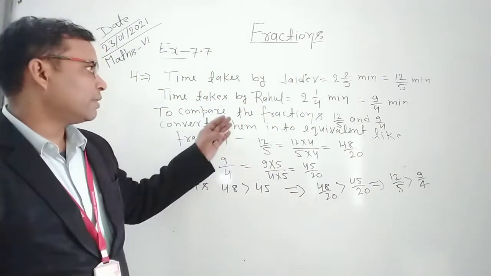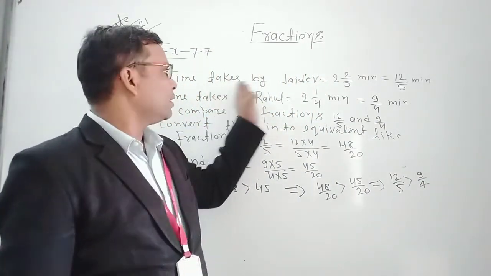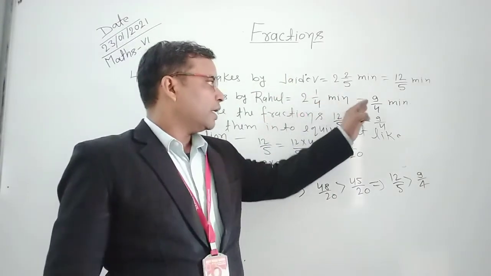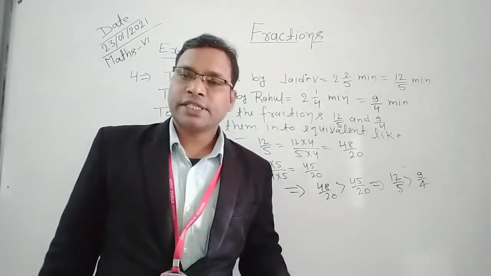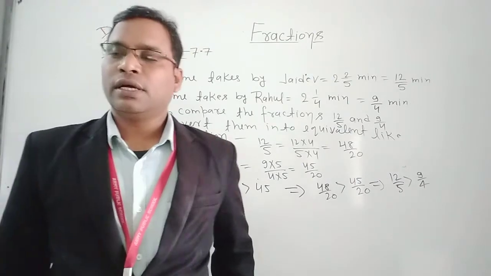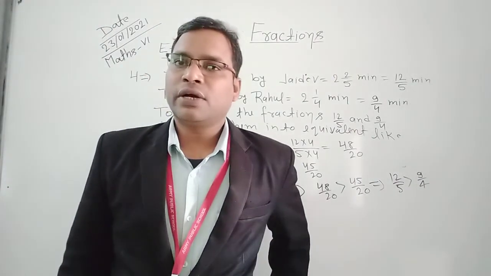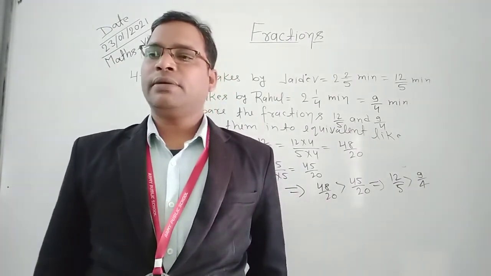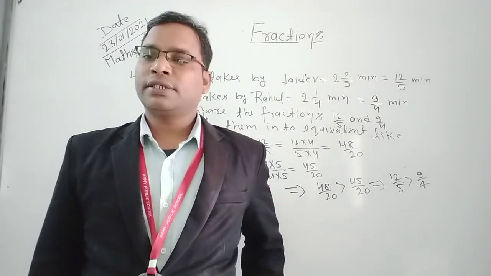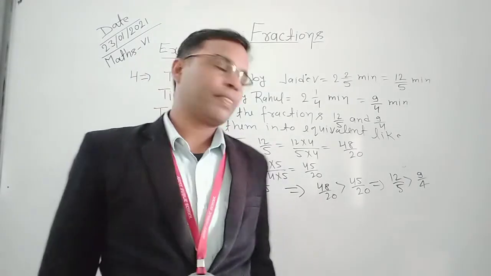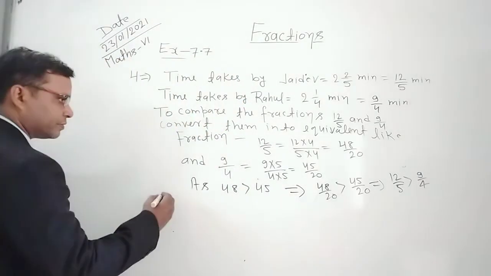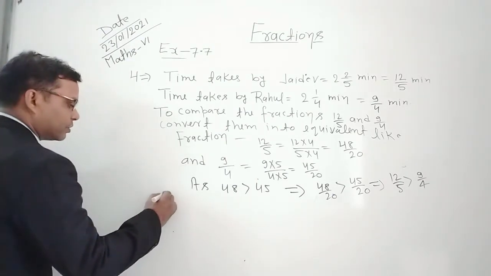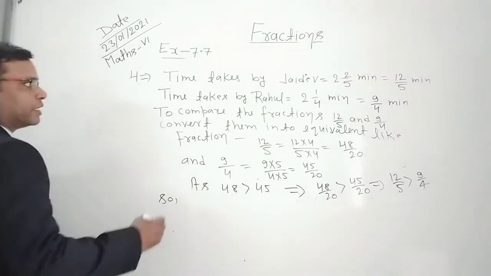12 by 5 is the time taken by Jaydev, and 9 by 4 is the time taken by Rahul. So you can say Rahul takes less time to walk across the school ground.